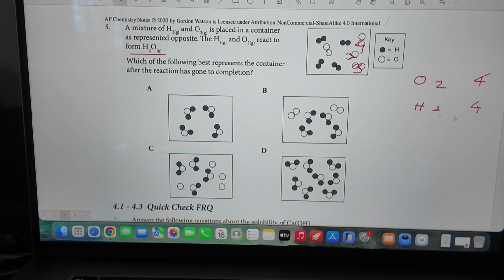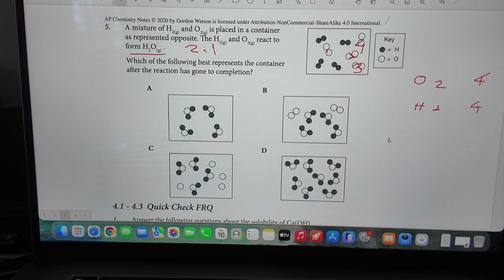So we're probably going to use up all of these, but these we're probably not going to be able to use up all of them because H2O has a 2-to-1 ratio. It's really important to think about the ratio here. So how many H2Os would we create?